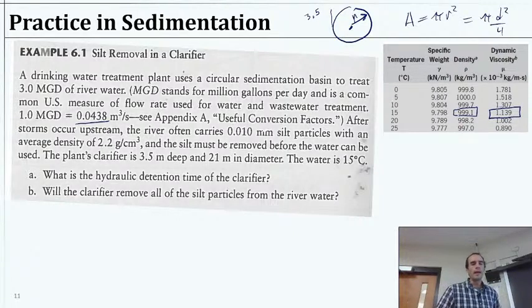Okay, so part A says, what is the hydraulic detention time of the clarifier? That's theta. And then part B says, will the clarifier remove all of the silt particles from the river water?